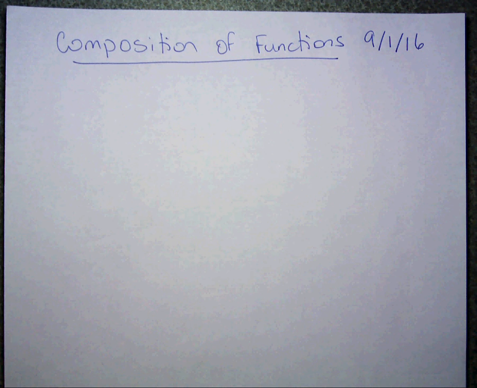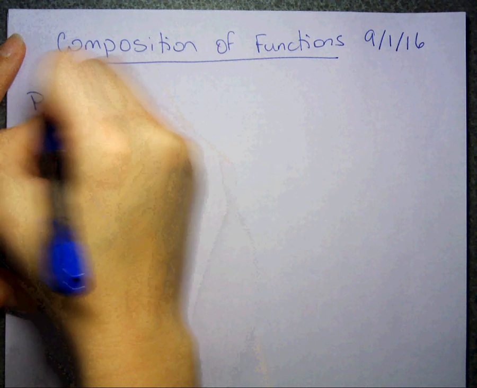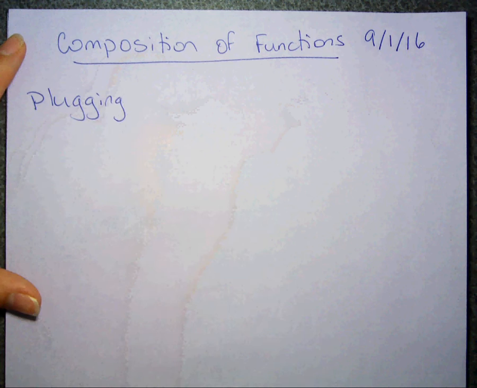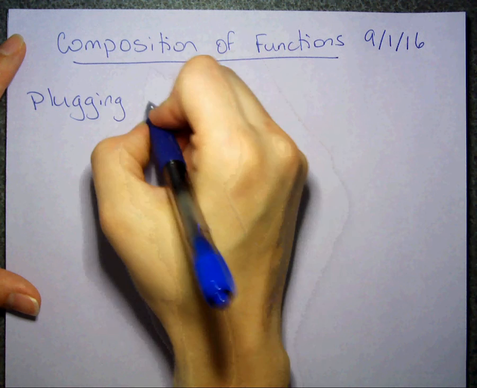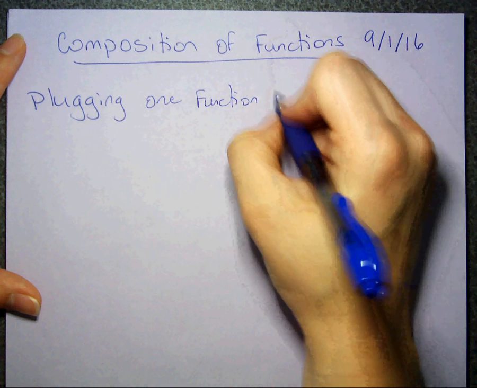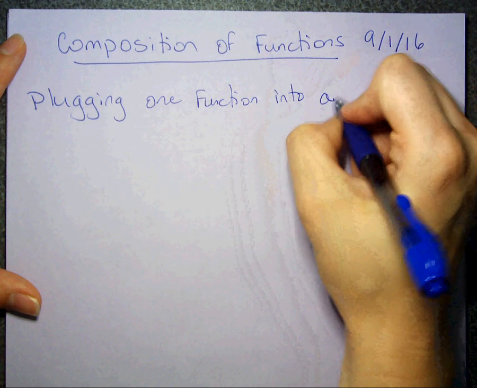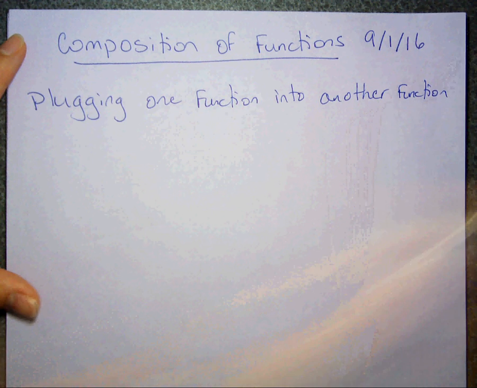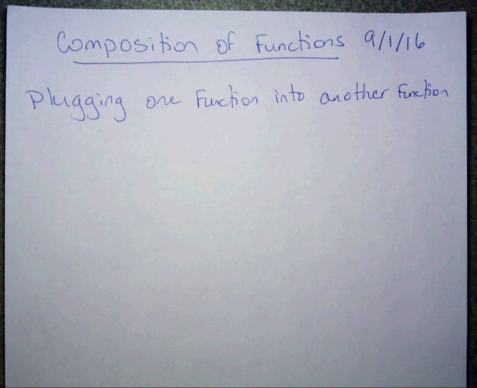When we compose two functions together, or find the composition of two functions, literally what we're doing is plugging, that's our correct mathematical term, plugging one function or function value into another function.